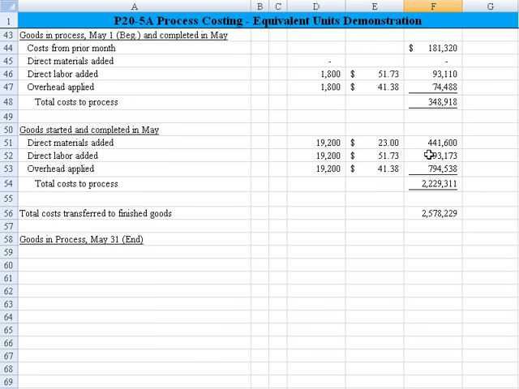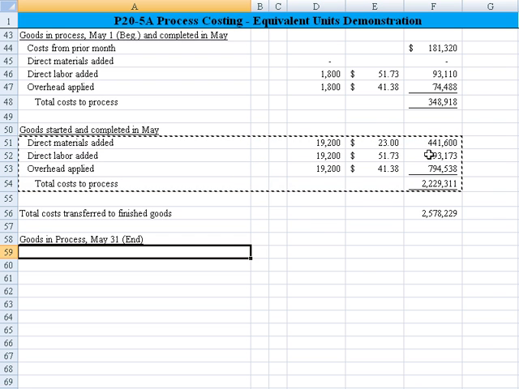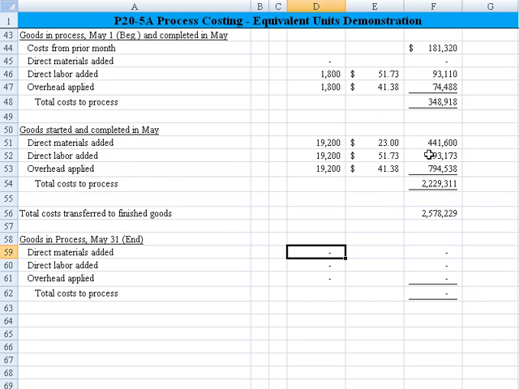I'll slide back up, and now the last part is we want to account for the goods in process. Okay, so we'll do this same total again. We have direct materials added, direct labor added, and overhead to apply. And let's fill in what information we need to know.